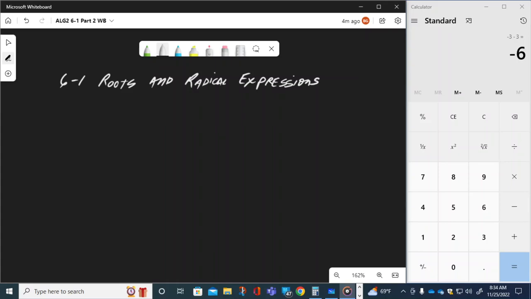So this is the continuation of chapter 6, lesson 1. We are going to continue talking about roots and radical expressions. And just to refresh your memory a little bit, this here is the sign for radical.